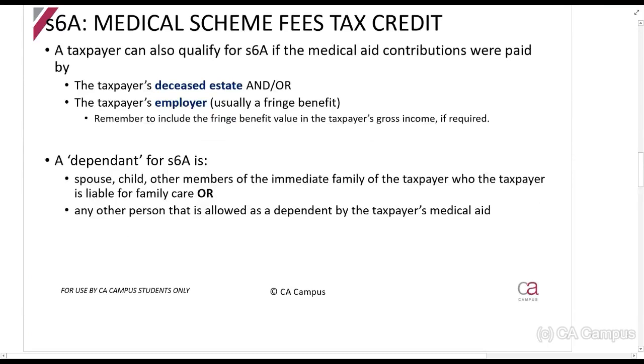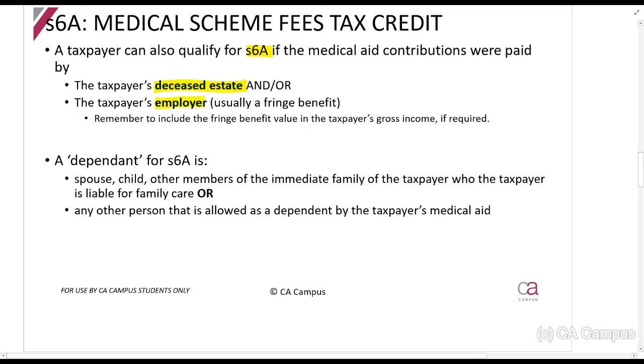Right, so just a couple of extra information here. You can still get this section 6A rebate if your deceased estate paid for the medical aid. So for example, you pass away and your estate is still paying it for a couple of months for your dependents. When they calculate your taxes, they'll still view it as if you paid it.